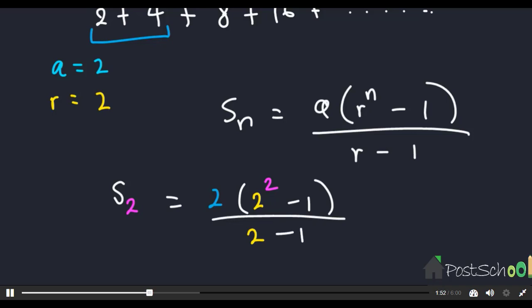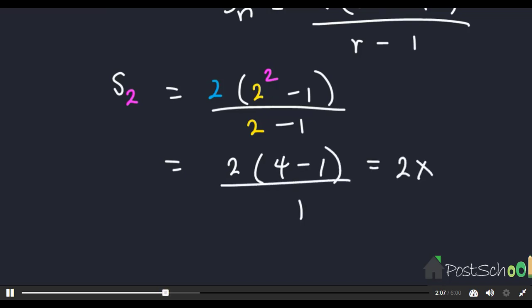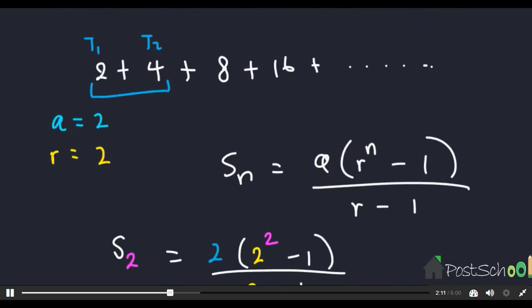So this is what I'm getting from substituting into the formula. a is 2, r is 2, n is 2. We can easily simplify this: 2 to the power 2 is 4, minus 1, over 1, which is 2 multiplied by 3, which is 6. Exactly what we see from adding these two terms.